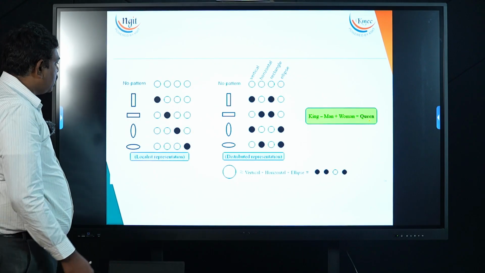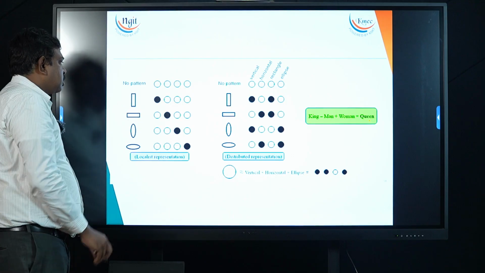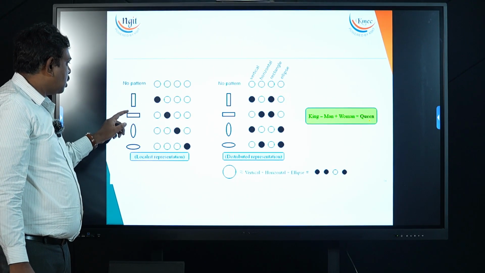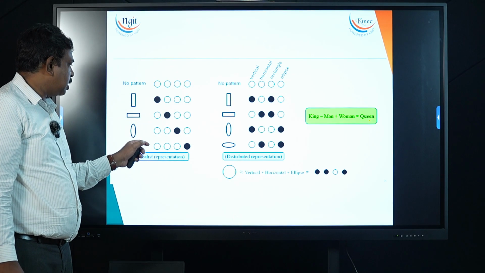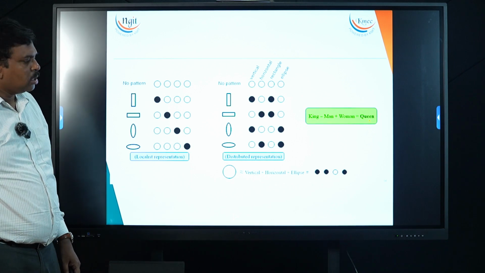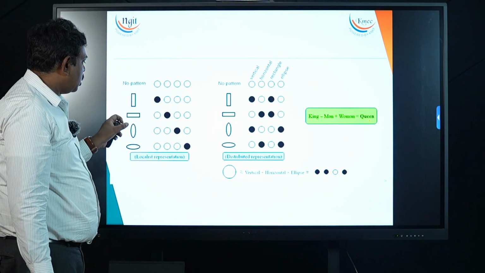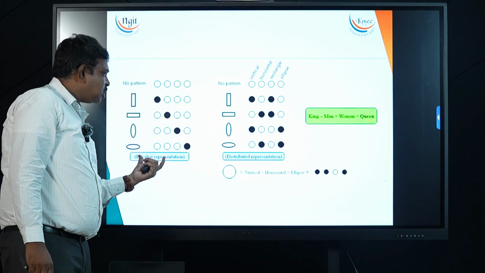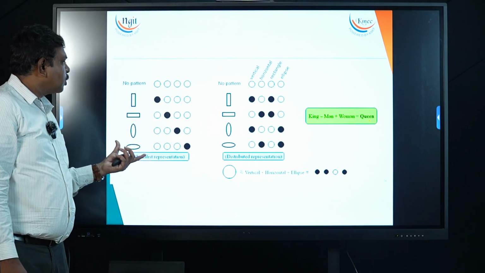Each neuron is only storing specific information about one object. Suppose the first neuron is holding the information of vertical rectangle, the second horizontal rectangle, the third vertical ellipse, and the fourth horizontal ellipse. This is only a localist representation, which means you don't have any scope for representing more concepts.